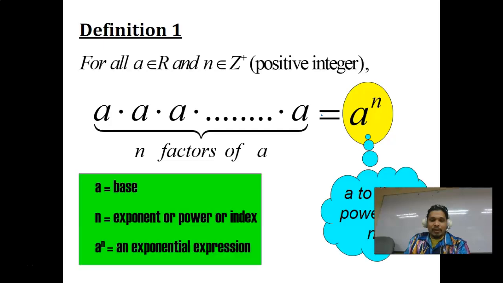So a is what we call the base, n is the exponent, power or index, and a to the power of n is an exponential expression.